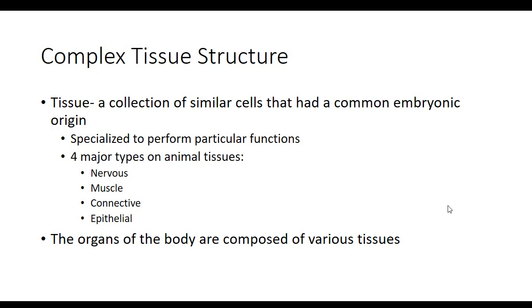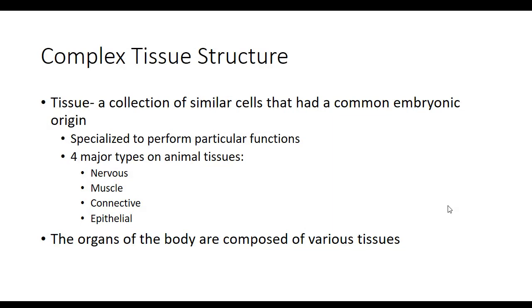They have a common embryonic origin, and we'll see in a minute what those origins are in the embryo. Tissues are specialized to perform particular functions. For example, in humans, bone is a type of tissue, muscle is a tissue, fat, even certain cells that contain fat are a type of tissue.